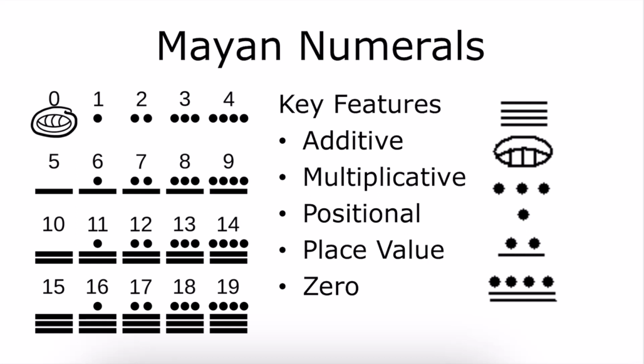And so in the Mayan numeral system, they basically would count up to 20 and then they would change place values. So the numbers 0 through 19 would be written like this. And then once they get up to 19, they would move to a new place value and put a 1 in the 20s spot and then a 0 underneath that.